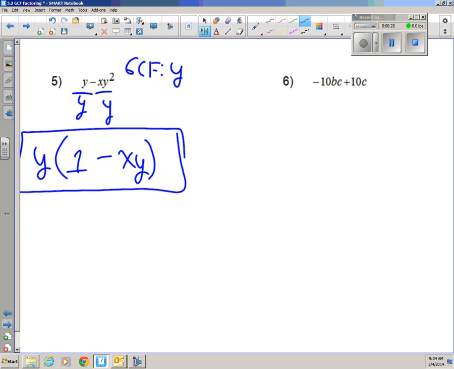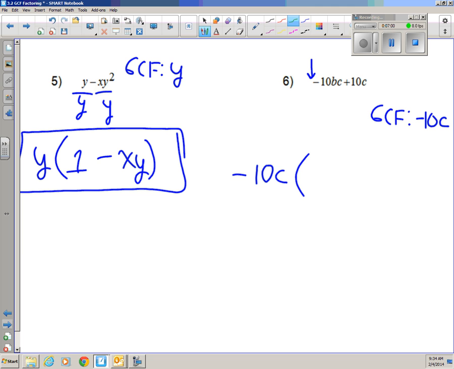On number 6, what's a little bit different about this one is that your lead coefficient, your lead-off term, happens to be a negative. So we tend to have our GCFs be the same sign as whatever the first term of our expression is. So in terms of values, I'm going to have negative 10 be the number, and in terms of common letters, it's going to be C. So I've got negative 10C as my GCF.